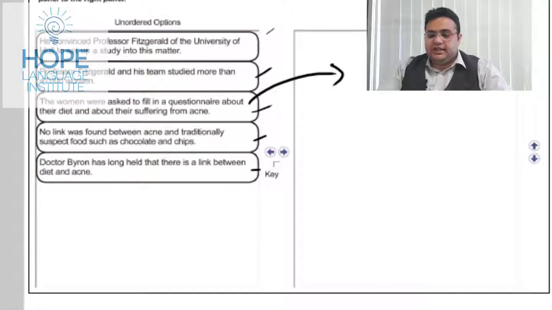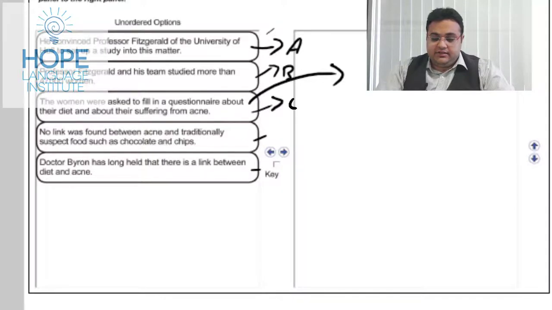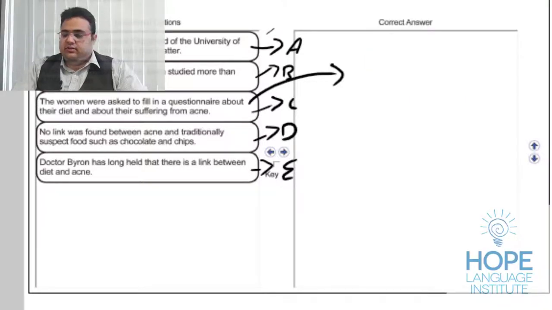Now let's understand these pairs with an example given over here. Let's say this is the type of sentence that you get in your exam, and for ease of understanding, let's call this particular text box or this particular sentence as sentence A, this one is B, this one is C, this one is D, and this one is E. Very simple.